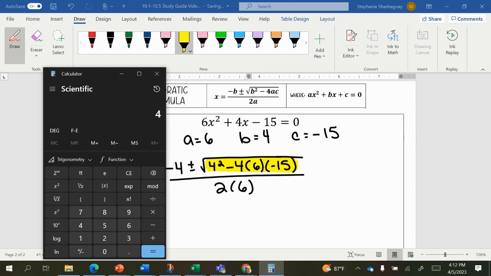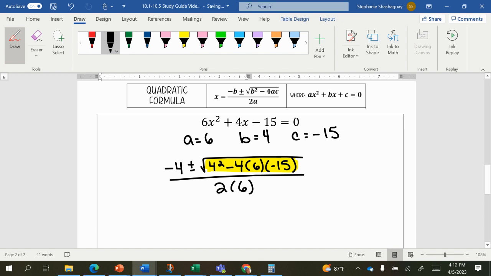Let's see if I did that right. 4 squared minus 4 multiply 6 multiply negative 15, and I get 362. So this would become negative 4 plus or minus the square root of 362 divided by 12.